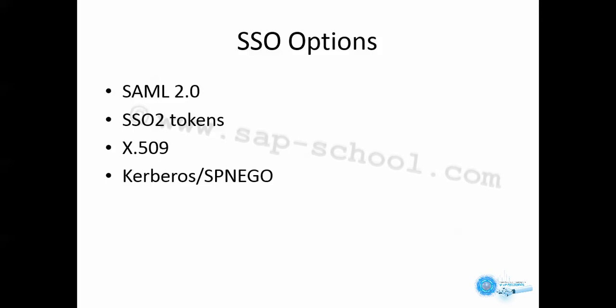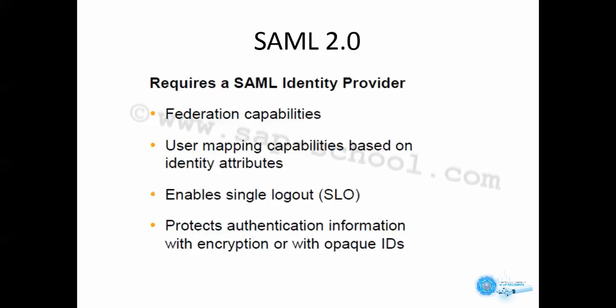It enables single logout. It protects the authentication information with encryption or by using opaque IDs. So let's see this in detail. Now, as it represents a superset of all the functionality in all 5 predecessors, SAML 2.0 makes them obsolete.